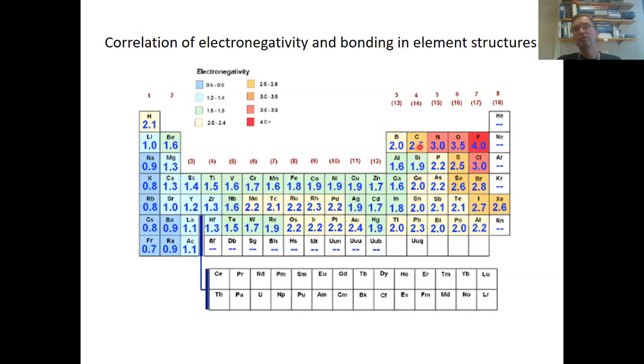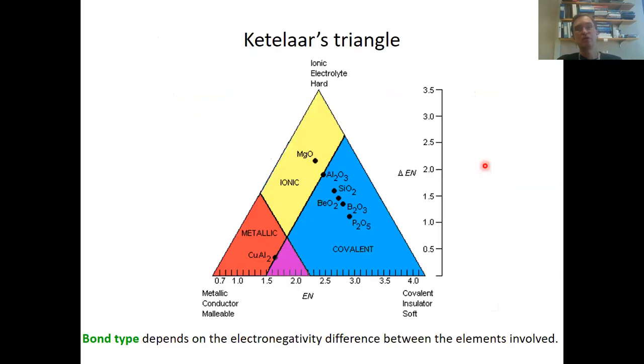And then the non-metals typically have an electronegativity significantly higher than 2. All right, so using that concept, we can already explain the bonding types in elements. Now let us look at compounds made of 2 different elements.